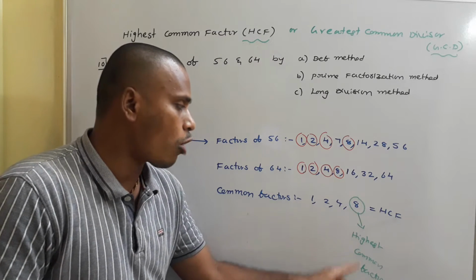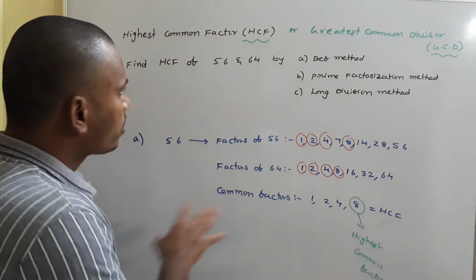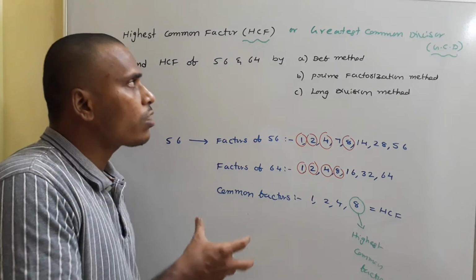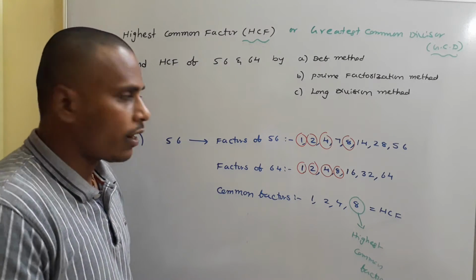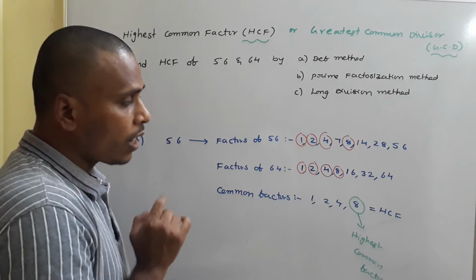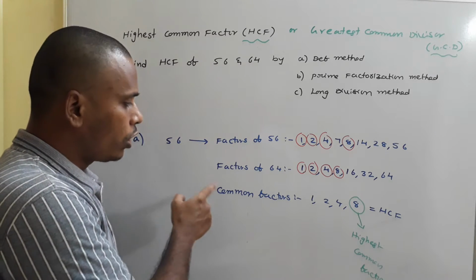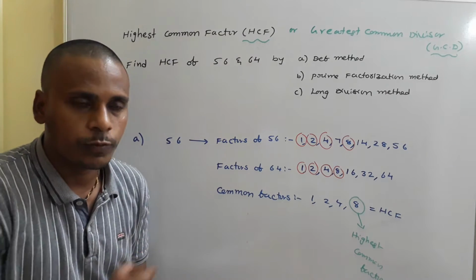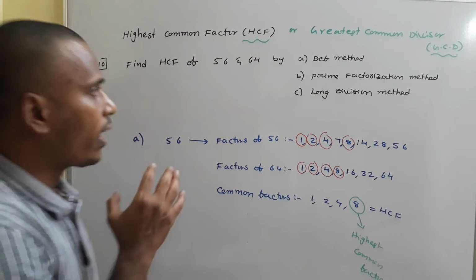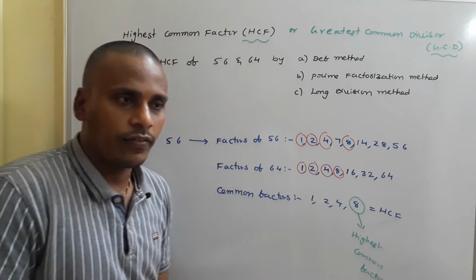I am just introducing the highest common factor. This is the definition method, and the next method is prime factorization. First you note this down, and then I will erase it for space and discuss the prime factorization method as well as the long division method.